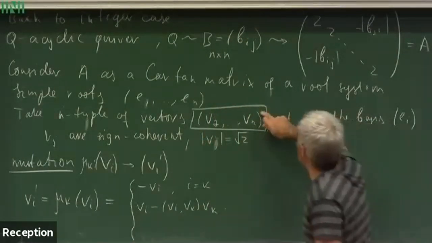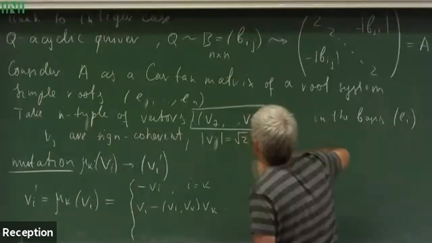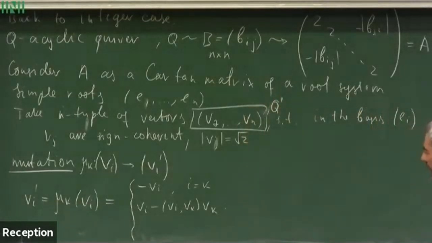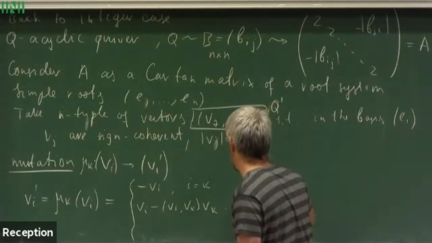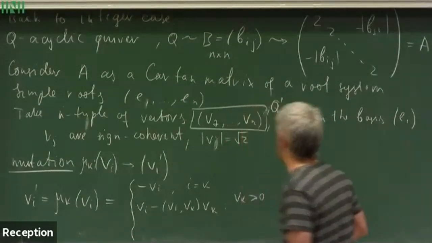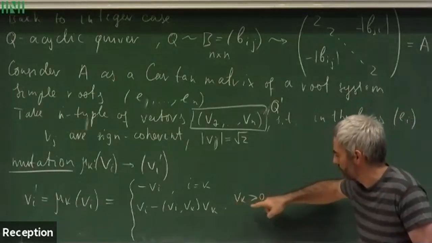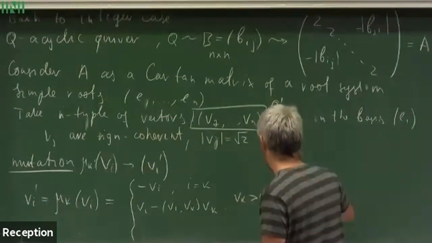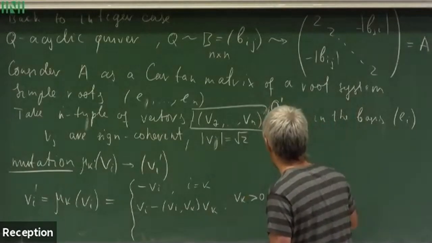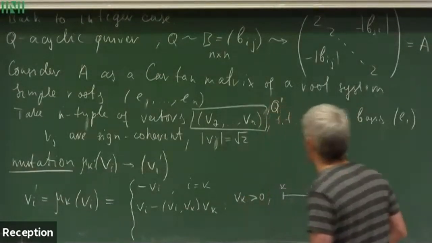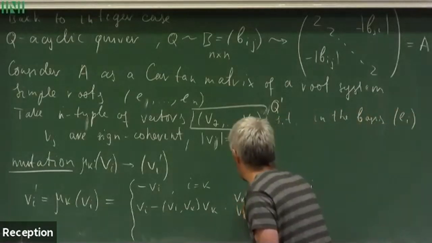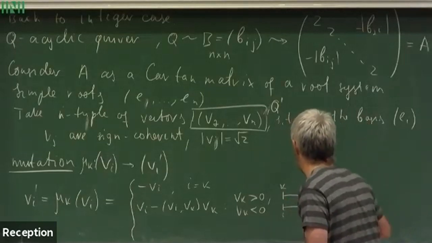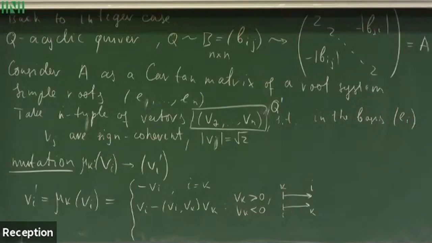I should also have a quiver, not only a collection of vectors, but some quiver Q prime. If Vk is bigger than 0, so all coefficients of Vk are non-negative, and there's an arrow from k to i in the quiver Q prime, or if Vk is less than 0 and there's an arrow from i to k in the quiver.